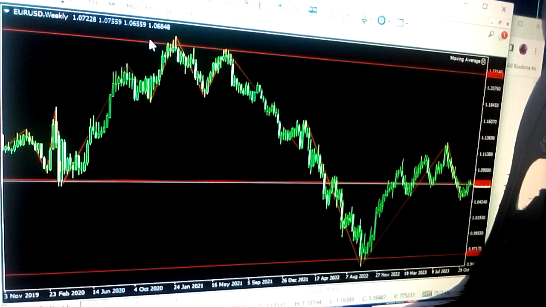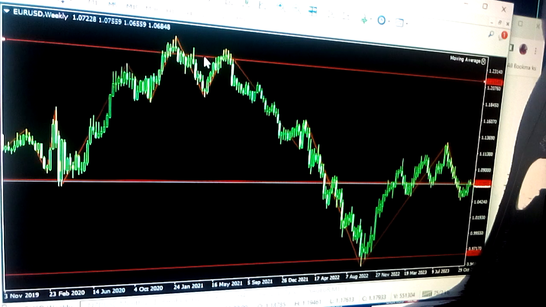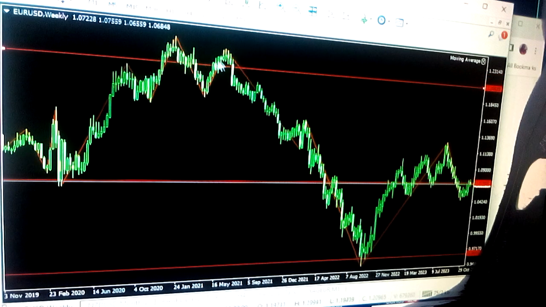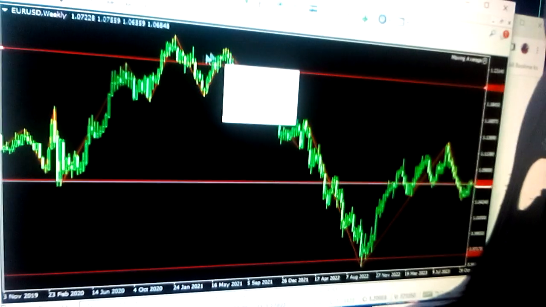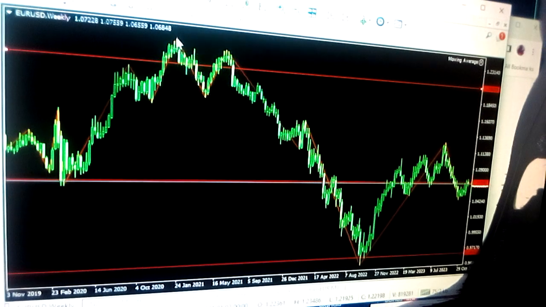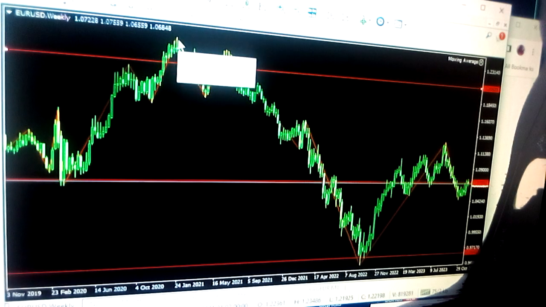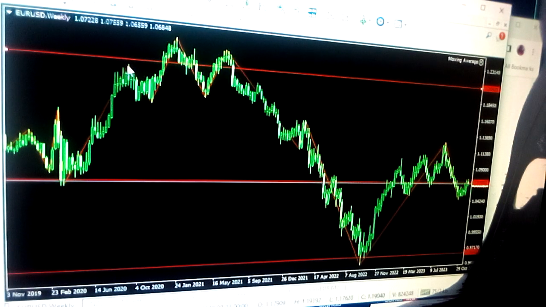In fact, let us pull this a little bit here. You see, this one was so high. But look at this tip. This tip is higher than this one and this other tip. We have a tip here. At the tip, look at this one.